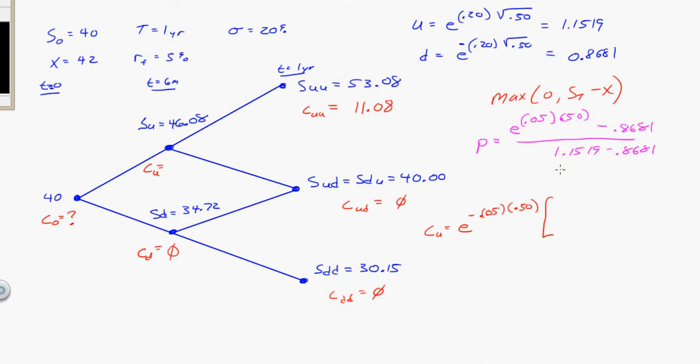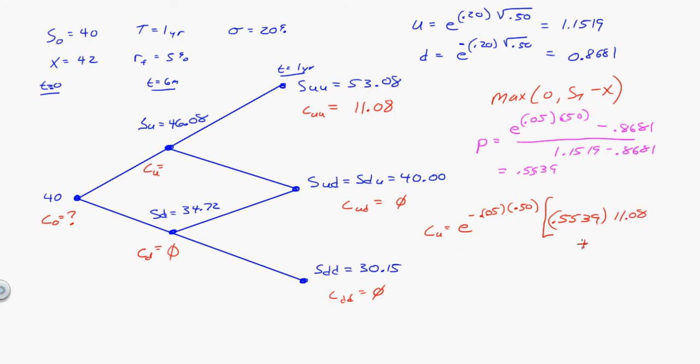Okay, so this is going to be equal to 0.5539. Okay, so the probability that the stock price goes up is 0.5539. Multiply that by the price if it goes up, which is $11.08.